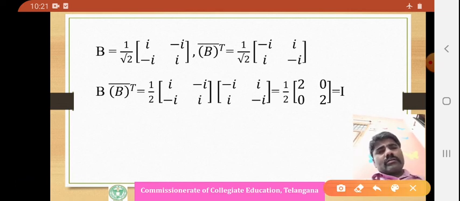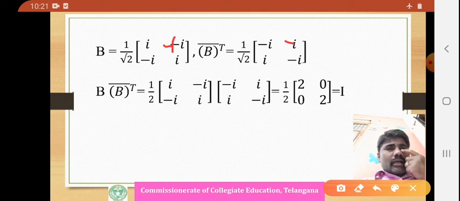Here it is plus i only, otherwise this is not a Hermitian matrix. It is plus i, then taking the bar and transpose, this is B bar transpose. If we take the bar, both plus signs become minus.